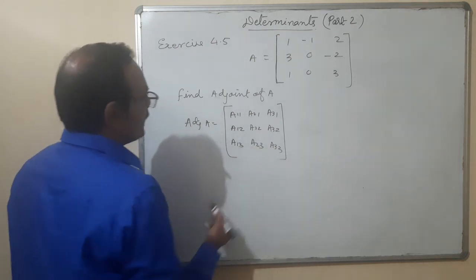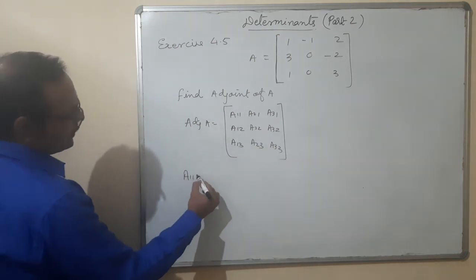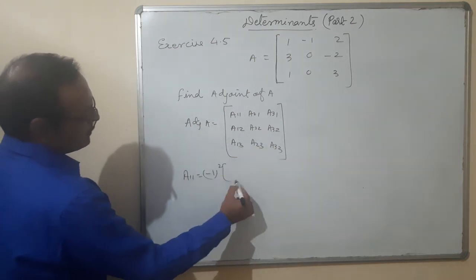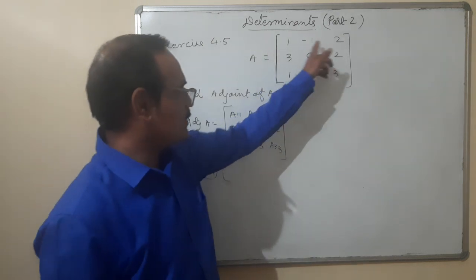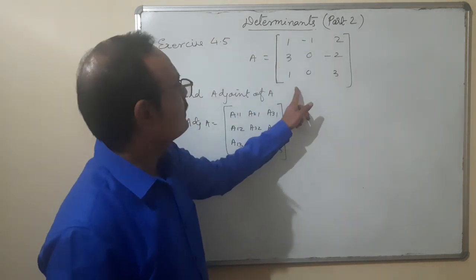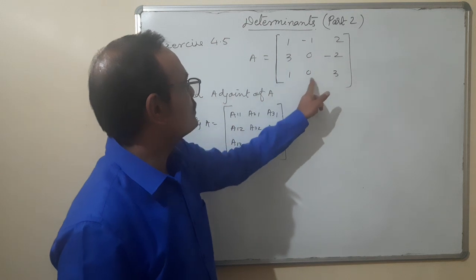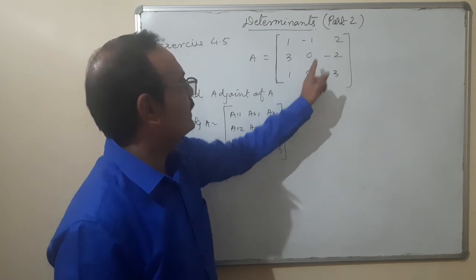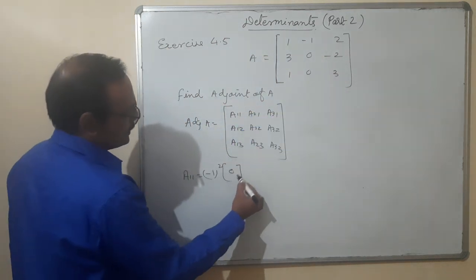Now we are finding the values. A11 is minus 1 to the power 2. First row, first column should be deleted. It is 0 minus (minus 2) into 0, that is 3 multiplied by 0 minus 0. The final result is 0.